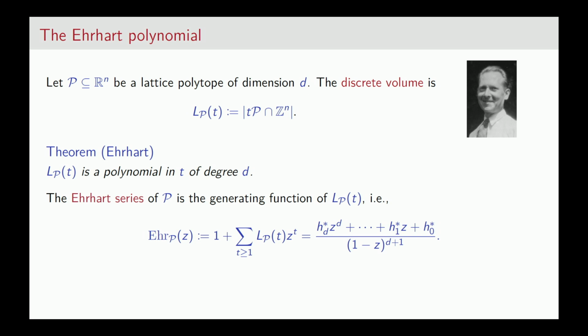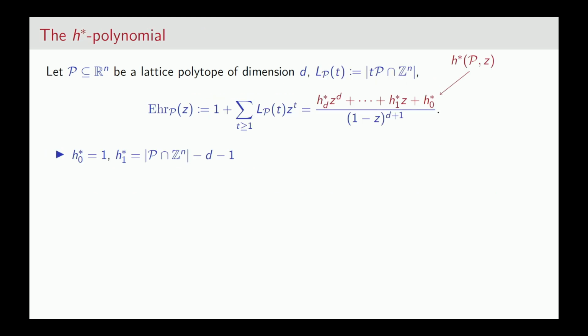In particular, in the denominator, we have (1 minus c)^(d+1). And this polynomial up here, that's what's called the h-star polynomial. We heard yesterday from Ben that if you plug in c equals 1, then you get the normalized volume. Okay, so that's the h-star polynomial.